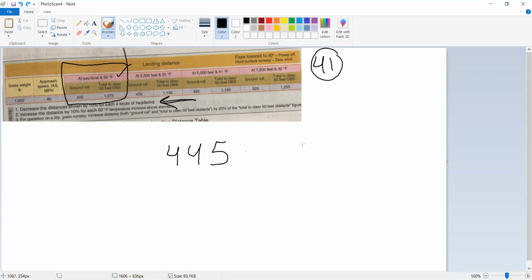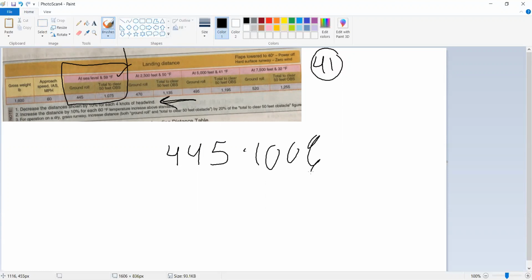There's going to be a decrease. And we decrease 10% every 4 knots. So right now, we're at 100%. All right, that's given. But because of these 4 knots, we have to go down 10%.